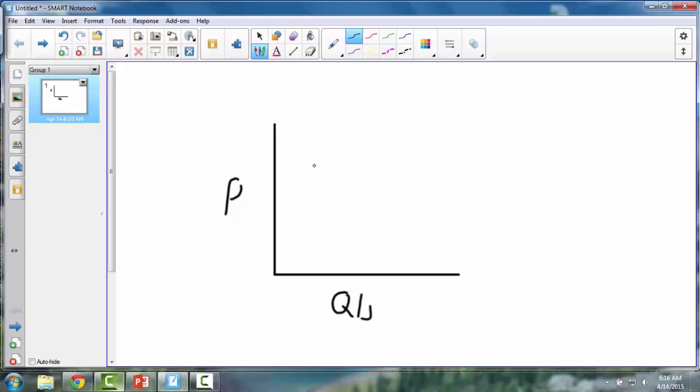So to show elastic demand, I'm still going to draw a demand curve, but it's going to have a very flat slope. Something like that, and pretend that's a little bit more angled there. It's going to have a very flat slope. So again, this is still a demand curve. It's still downward sloping.